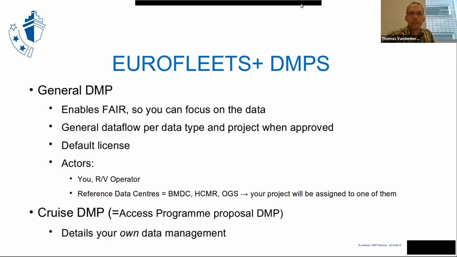These are, for example, the Belgian Marine Data Center, HCMR in Greece, and OGS in Trieste in Italy. These centers are responsible to help you with your data management plan in a second stage, and also to gather your data. So your project will be assigned to one of them via a mechanism separate from yourself, on which you don't have to do anything special.